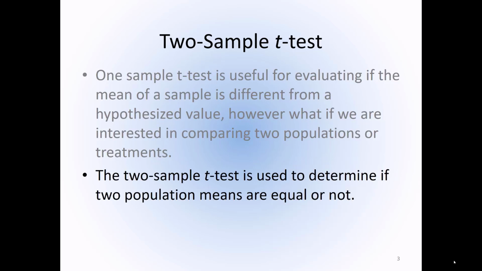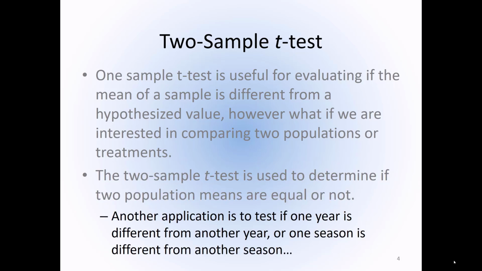And so we can adapt the t-test to account for these two samples. We have a slightly different formula, but the concept is the same. This application can be used for two different populations, or to test across different years, different seasons, different ecosystems, lots of different questions that can be addressed.